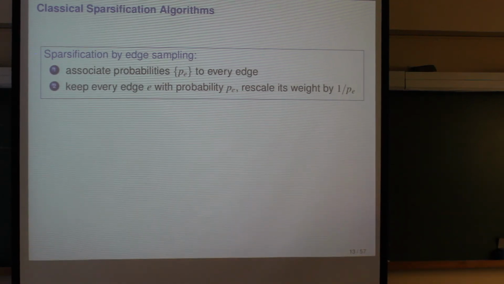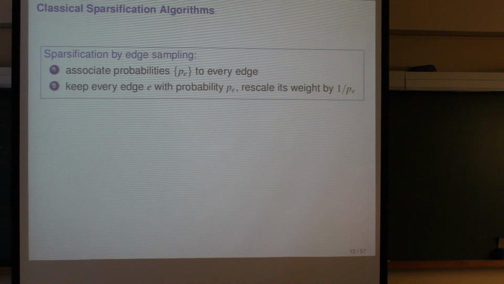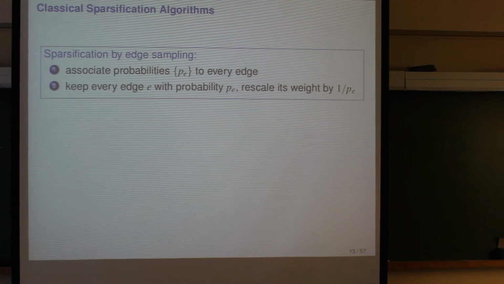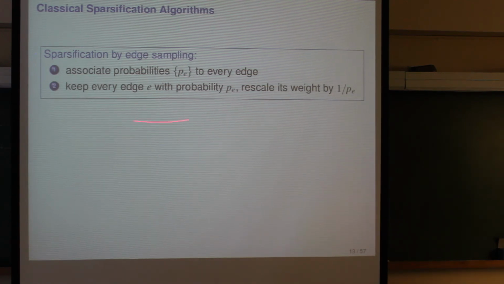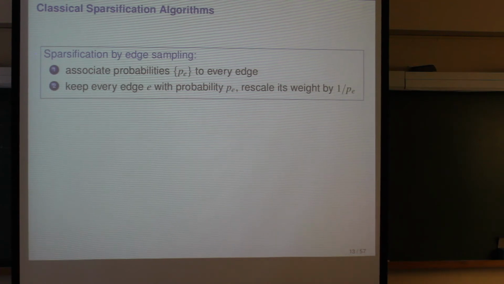So the game is to bring down these edge probabilities so that you get a sparser graph, but at the same time keep them high enough that you preserve certain quantities of the graph. So you keep every edge with probability PE, and if you keep it, you rescale its weight by 1 over PE. Why is that?